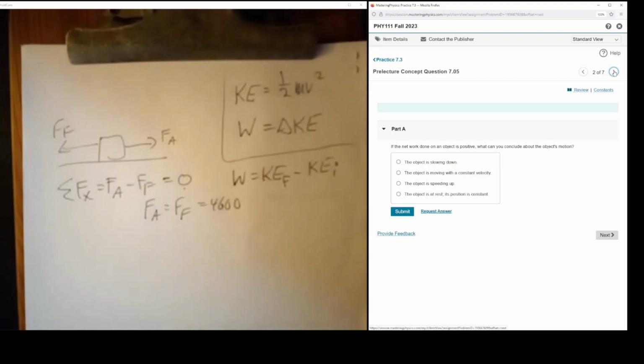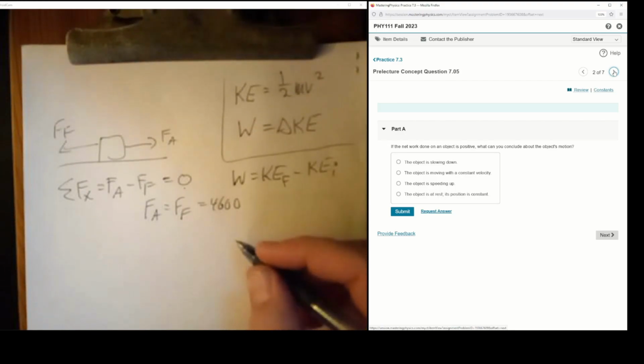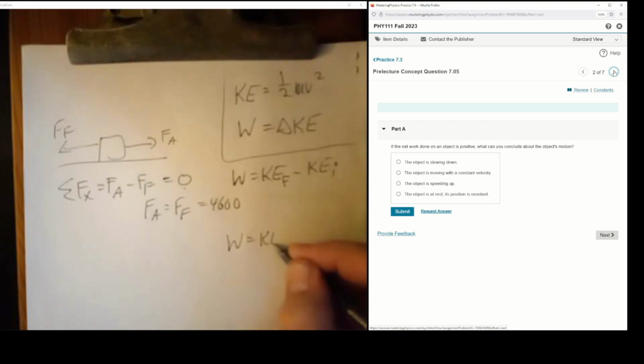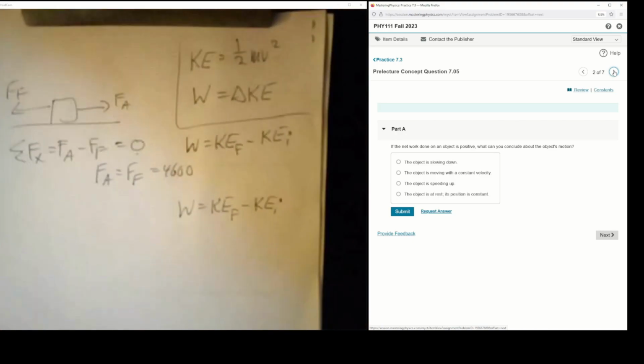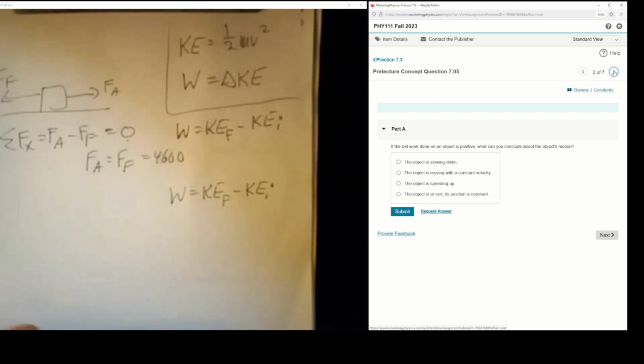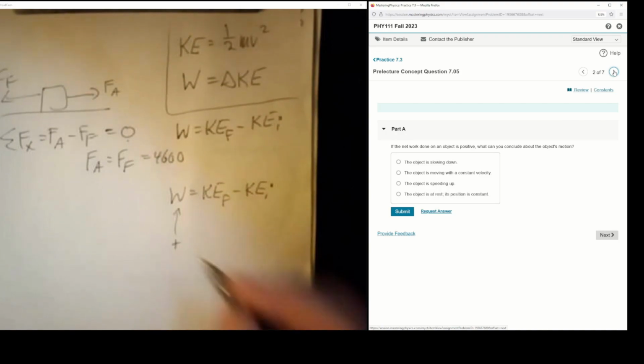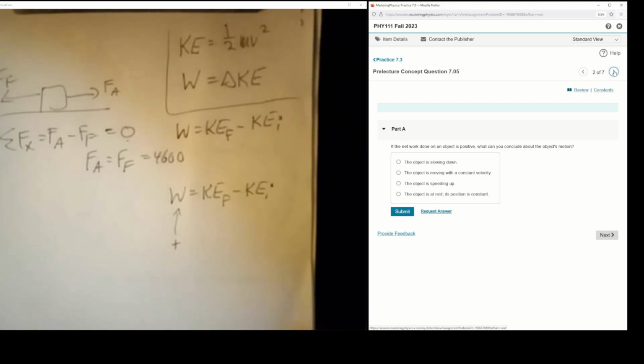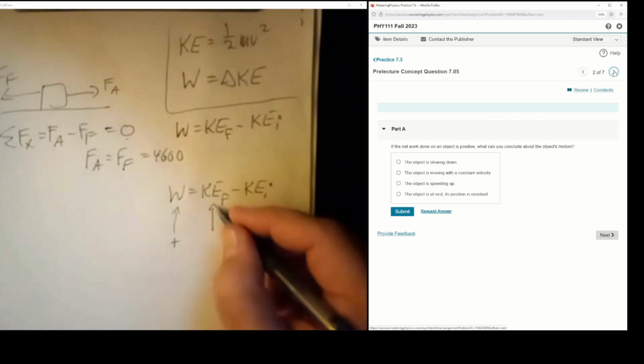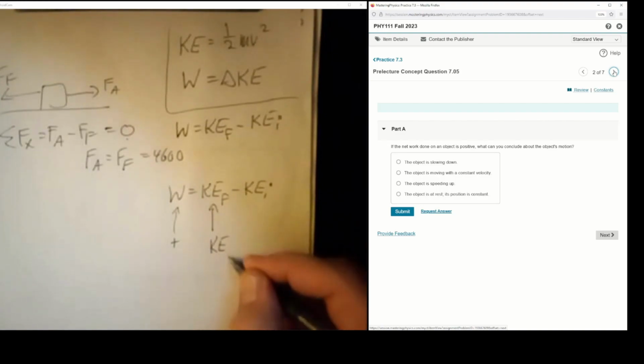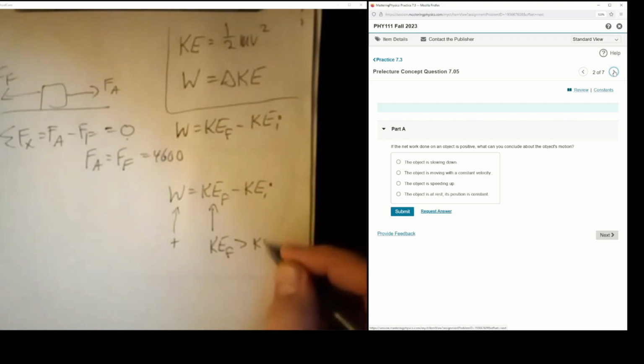If the net work done on an object is positive, what can you conclude about the object's motion? All right. So work is change in kinetic energy, which means final minus initial. They're saying if work is positive, if this is a positive number, then that means kinetic energy final must be greater than kinetic energy initial.